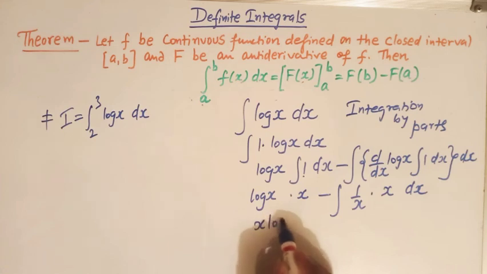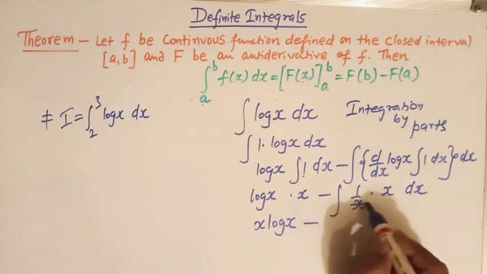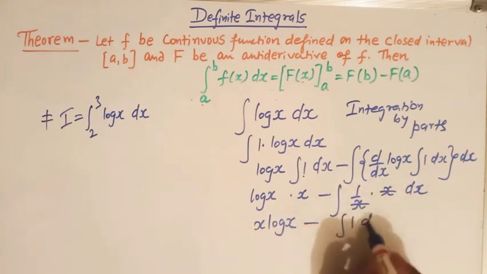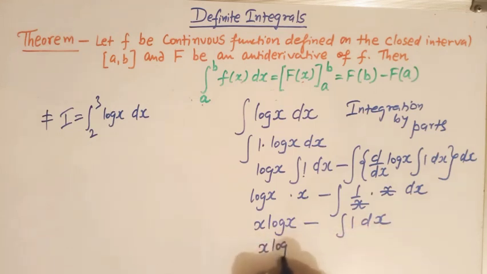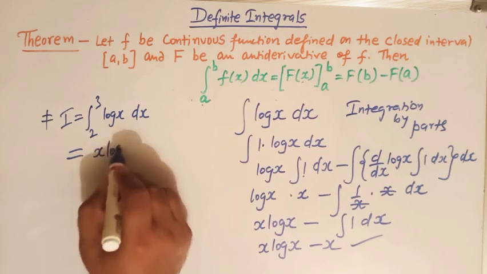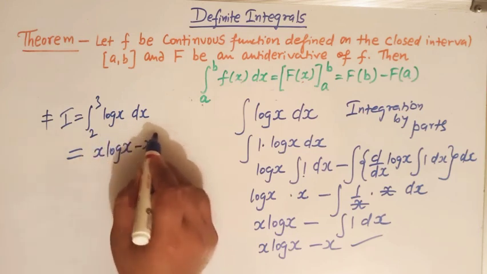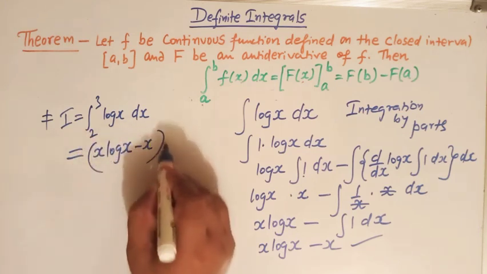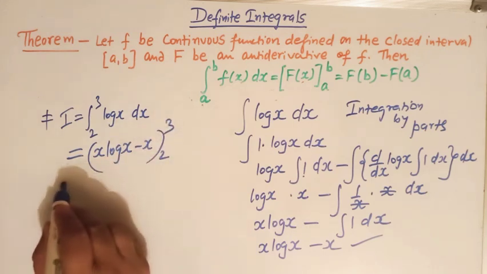So this is x log x minus x and x get cancelled. So we have 1 dx, and this is x log x minus x, right? So here we'll write x log x minus x, and this is 2 to 3, right?